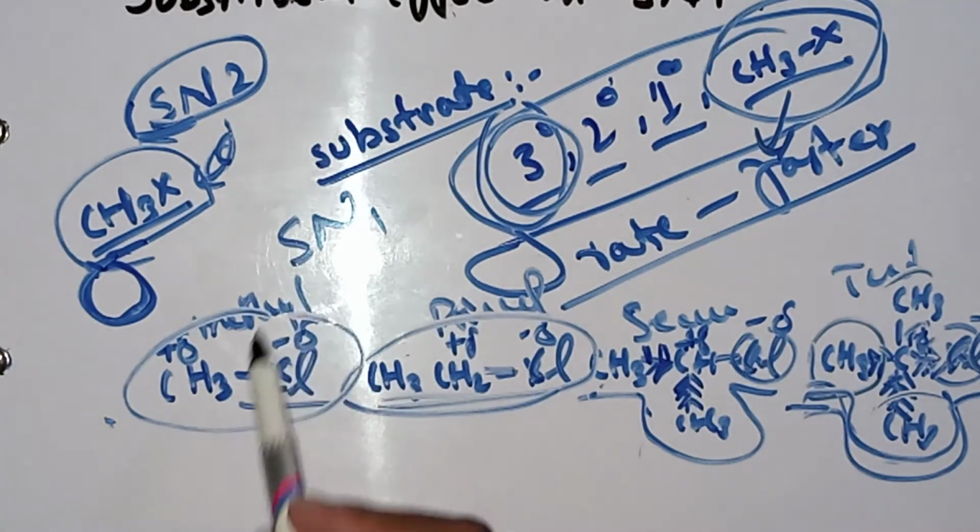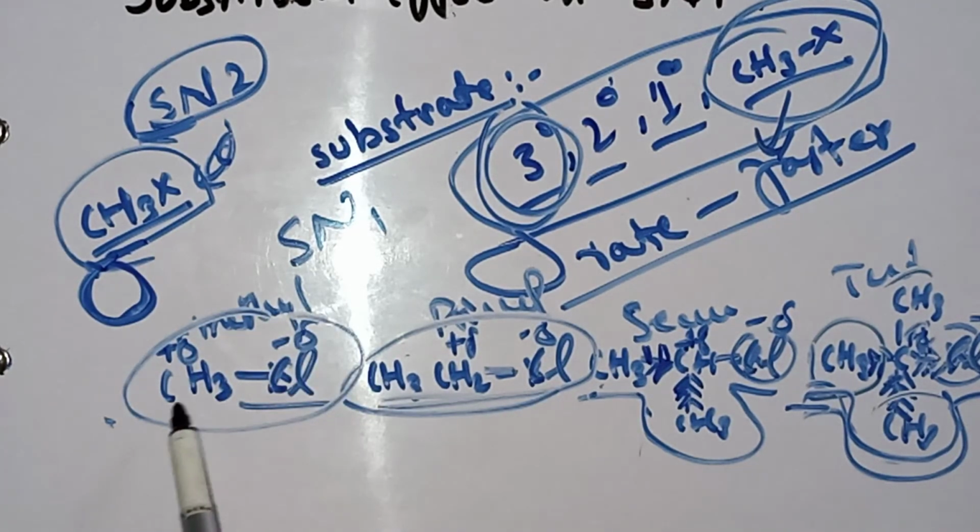In the case of methyl chloride, the methyl carbocation will be very unstable, because there is no electron donating group to stabilize the system. So chlorine cannot easily leave the system. As the number of alkyl groups increases, the possibility of the chloride ion being removed increases.